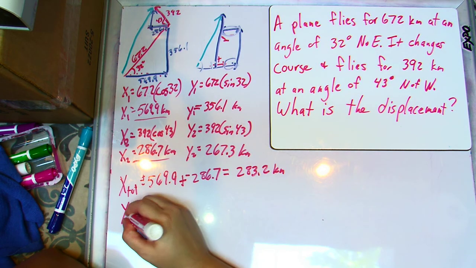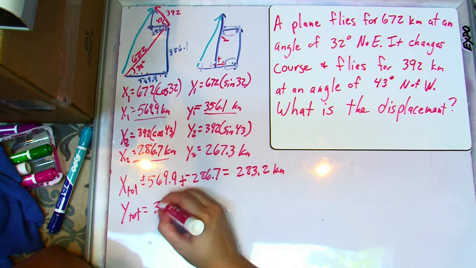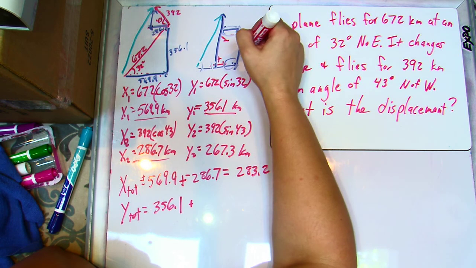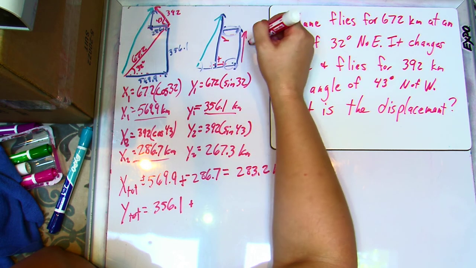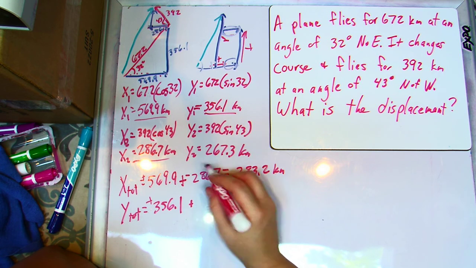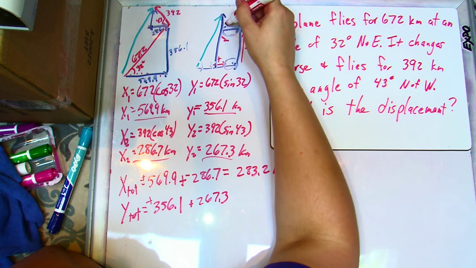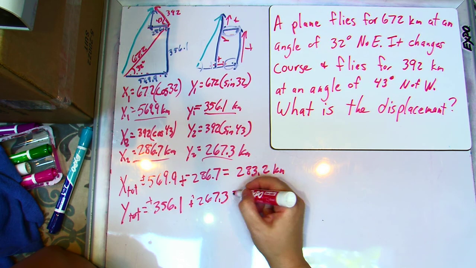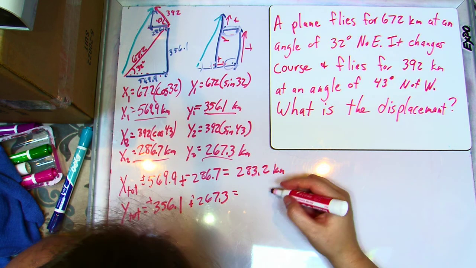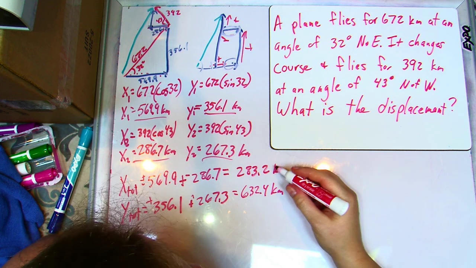So y total equals 356.1, and that is heading north, so that is positive, plus 267.3, which is also heading up, so that's also positive. And we get our grand y total of 632.4 kilometers. We now have our x and y values.